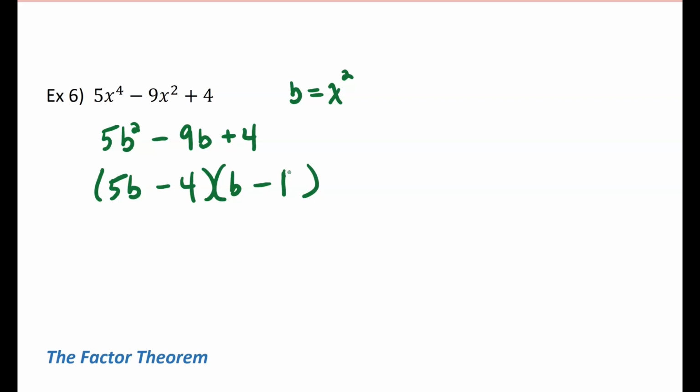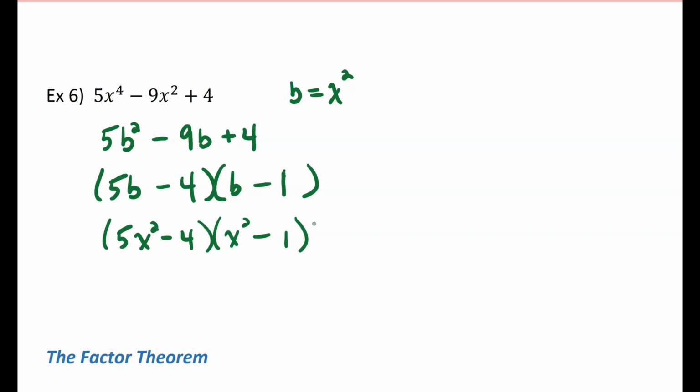And then we want to keep in mind that x squared was the original variable, so I need to substitute that back into place. So this is 5x squared minus 4, and this is x squared minus 1. And again, I want to look at these two. Can either of those be factored any further? Yes. Which one?